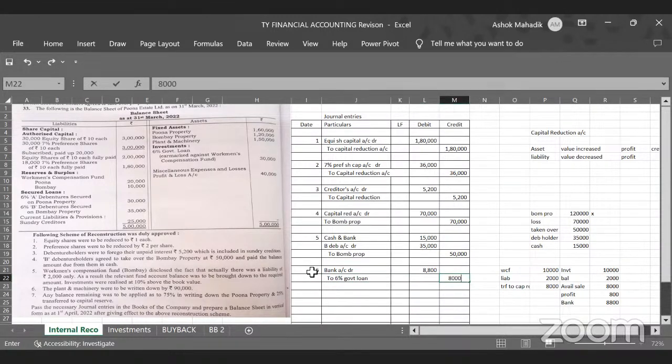So balance profit is 800. Always remember, when there is an earmarked investment, that is investment for any particular fund, then the profit made on that sale of investment will go to that fund account. Remember this. So this 800 won't go to P&L. Remember this.